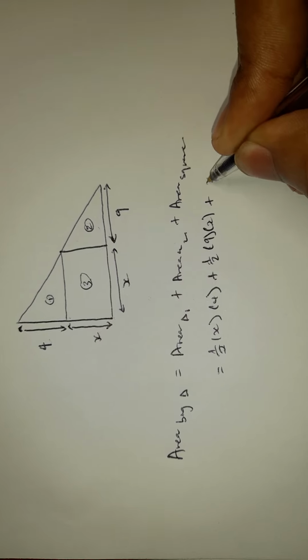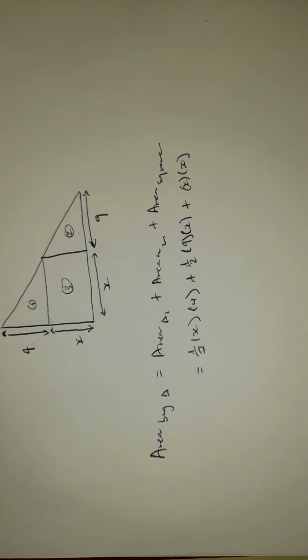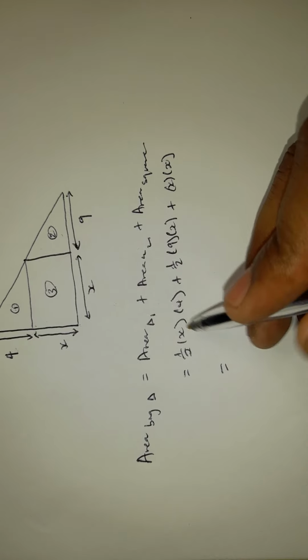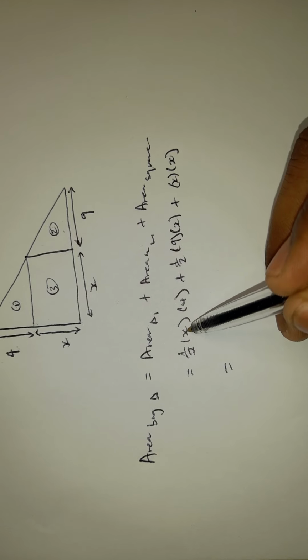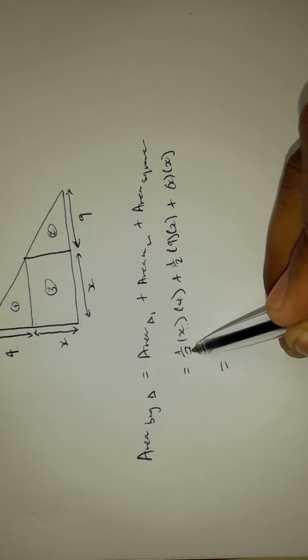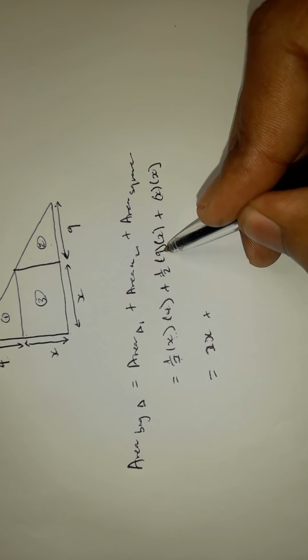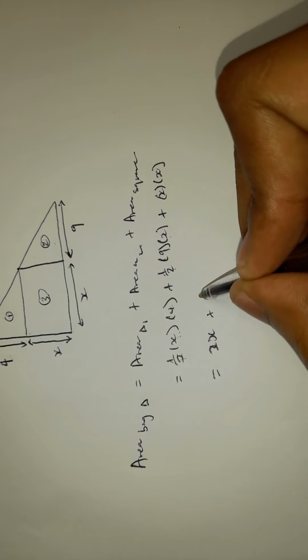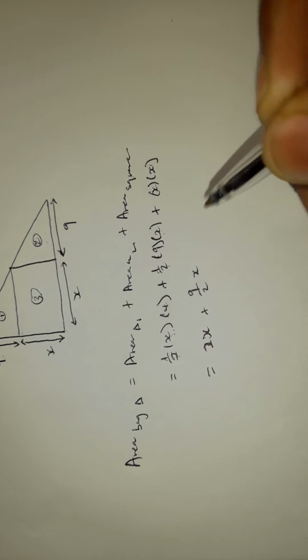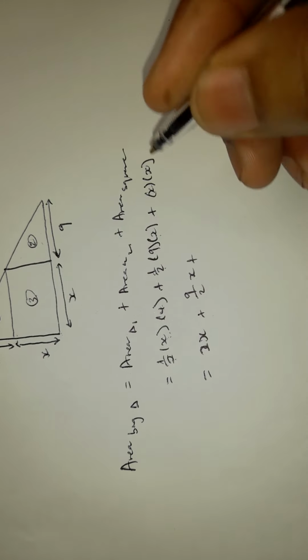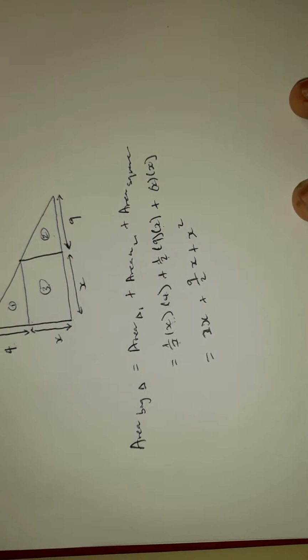From there, 4 multiplied by x is 4x divided by 2, that is going to be 2x. And then we have 9x over 2, 9 over 2x, right? And then we are going to have x squared, right?